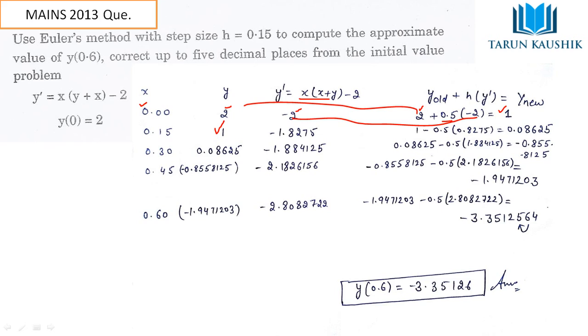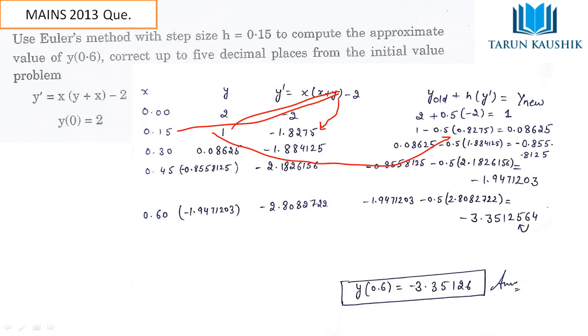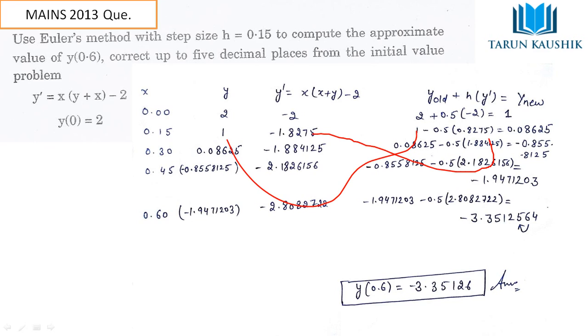Do the same procedure again. Just put these two values again in this y dash, calculate the value, and put the values of y and x in this, and get the answer. Put this value again, put the value of y here and this value over here, do the calculation, and get this answer again.